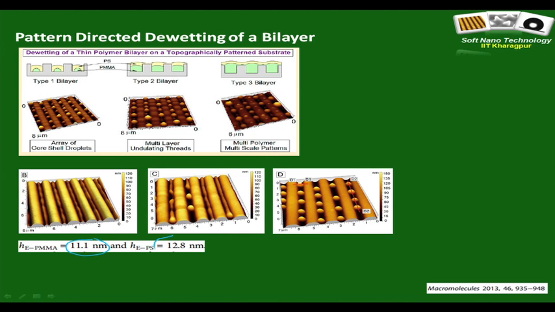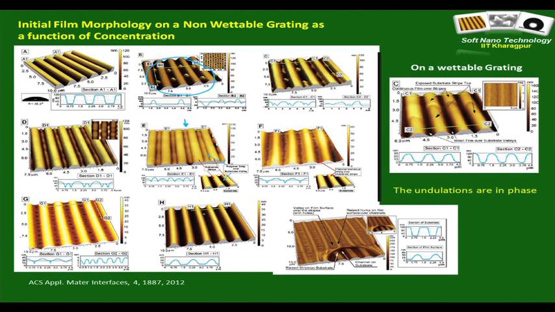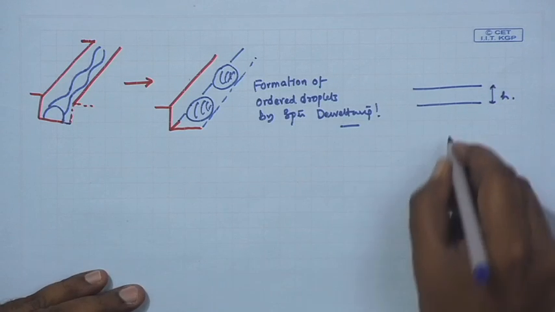I must also highlight one particular thing. How do you define the thickness of a film, a continuous film or a discontinuous film on a topographically patterned substrate? Because typically we are used to identify this as the film thickness, right?